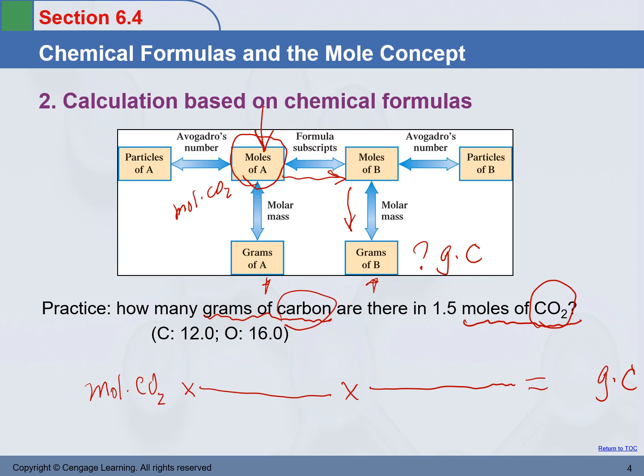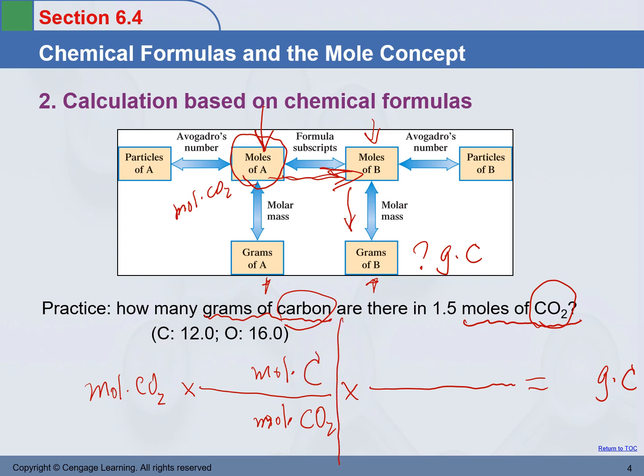two conversion factors. The first one goes from moles of A to moles of B. From, always at the bottom, moles of A, which is CO2. Wanted, the destination at this step, is moles of B, and B is carbon in this case.